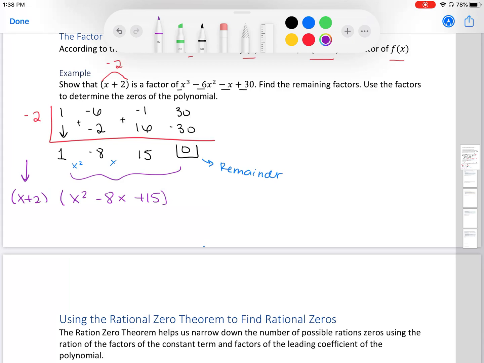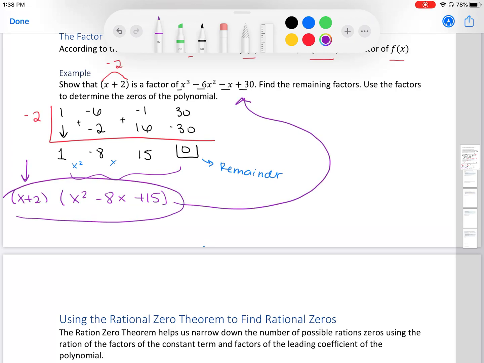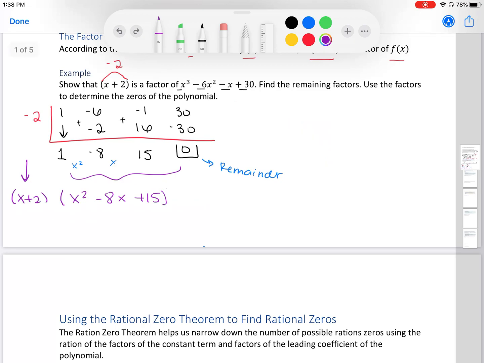If I were to multiply those polynomials, we would get the polynomial we started off with all over again. So we kind of factored.